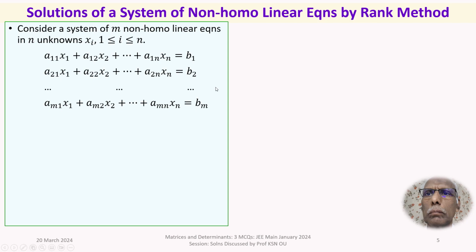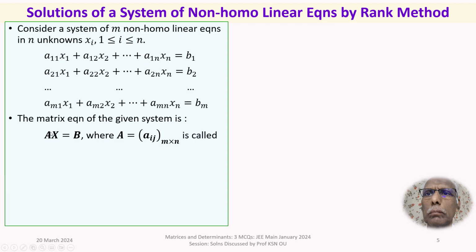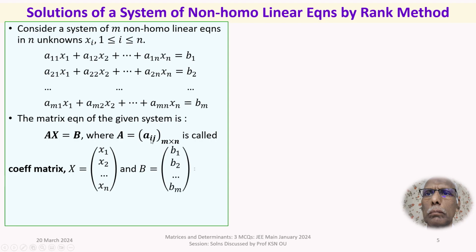We write down the matrix equation of this system of equations. The matrix equation of this given system is capital A into capital X is equal to capital B, where capital A is Aij m by n, called the coefficient matrix, and capital X is the column matrix of the variables x1, x2, etc. xn, and capital B is the column matrix of b1, b2, bm, and this is not equal to 0.